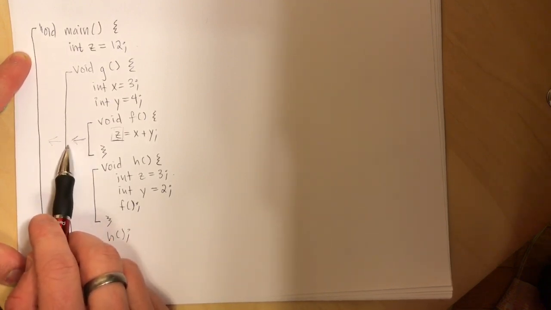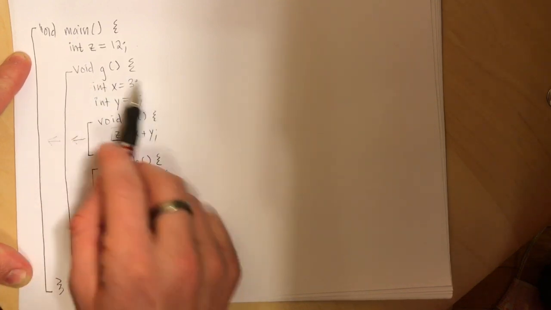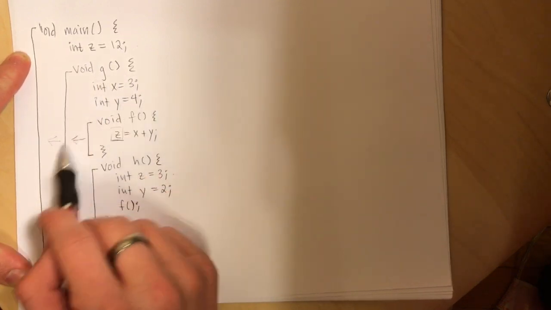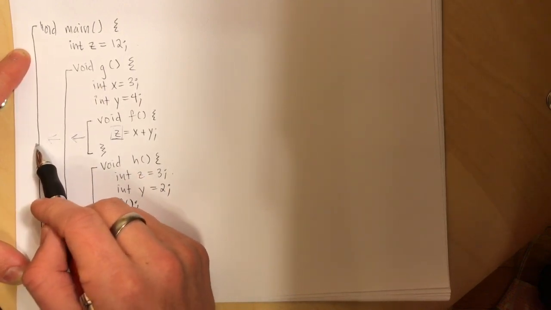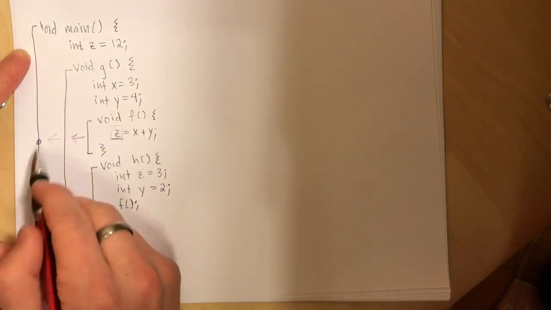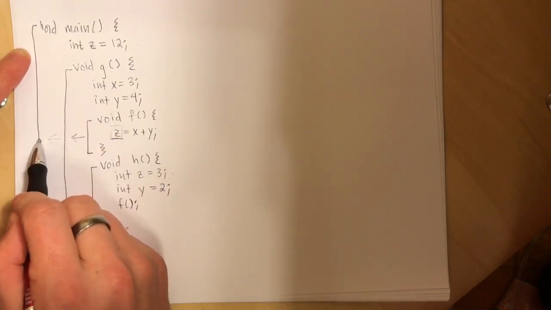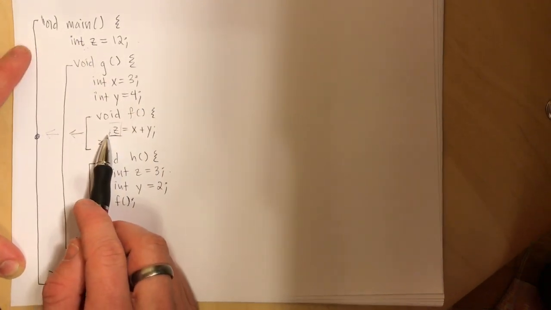In the parent, do I have an int z declared up above? The answer is no. So I go one more level out. And now, at this point in the program, is there a z visible from here locally? And there is. It's this int z. So that's how we did the static scoping rules in class.